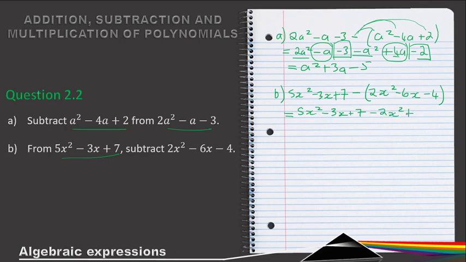This becomes a plus. That becomes a plus. Our like terms. Okay. 5x squared minus 2x squared, that's 3x squared. Minus 3x plus 6x gives me plus 3x, sorry. 7 plus 4 is 11.